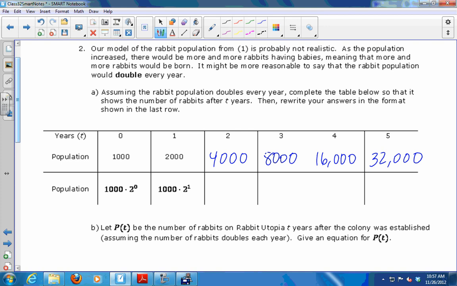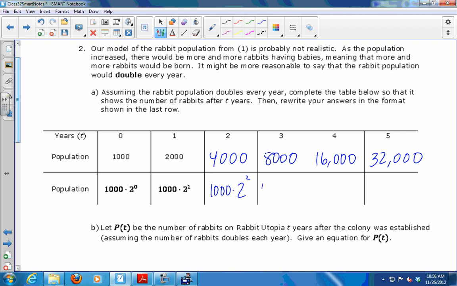So 1,000 I rewrote as 1,000 times 2 to the 0. And 2,000 I rewrote as 1,000 times 2 to the first. So 4,000, I could rewrite that as 1,000 times 2 squared, because that just says 1,000 times 4, which is 4,000.